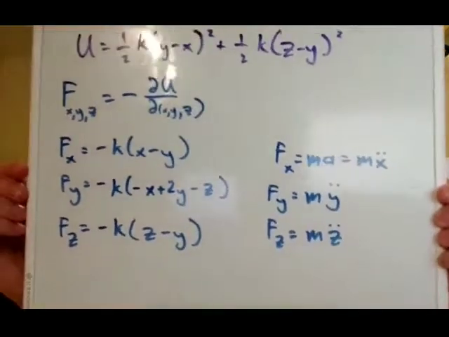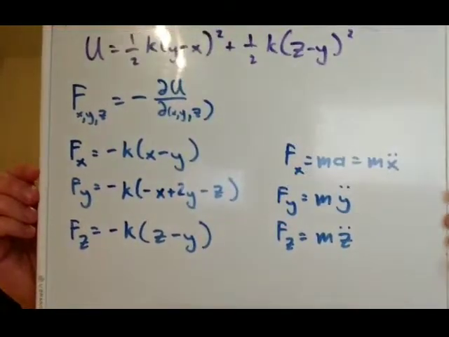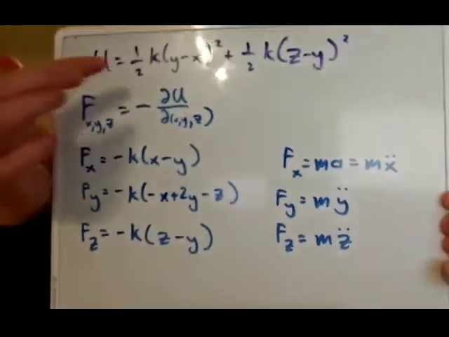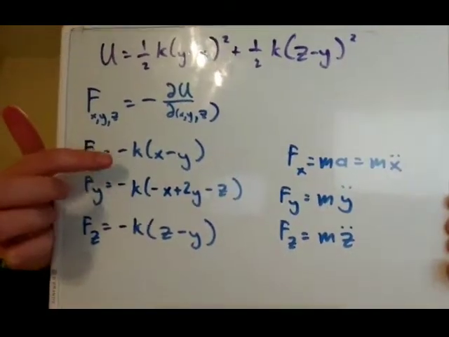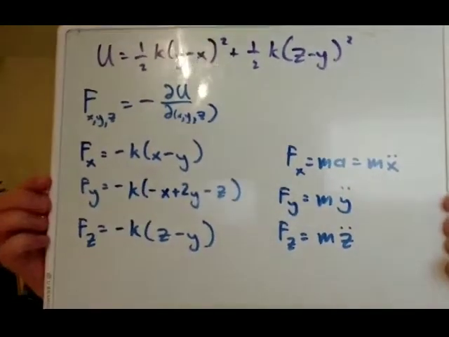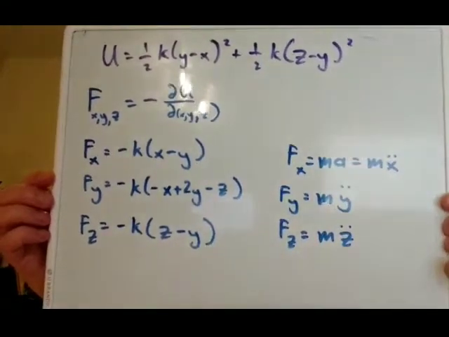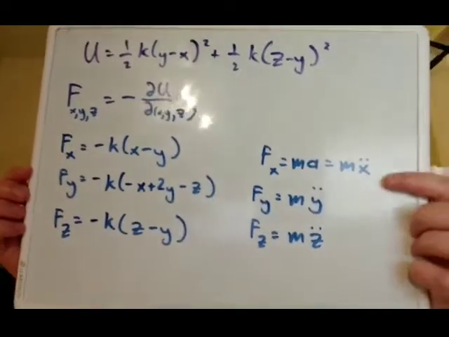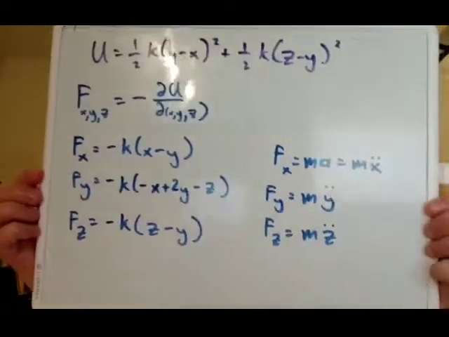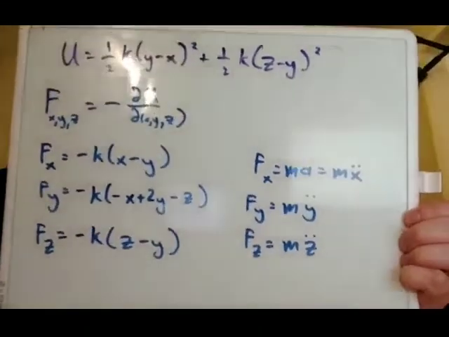So because of that, we could get Fx, Fy, and Fz, which, if you apply that, comes out to this, this, and this. And we also know that force is equal to mass times acceleration. So for x, y, and z respectively, we get m times the second derivative of the position.